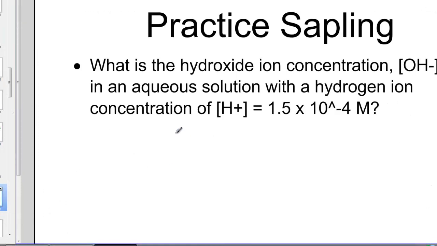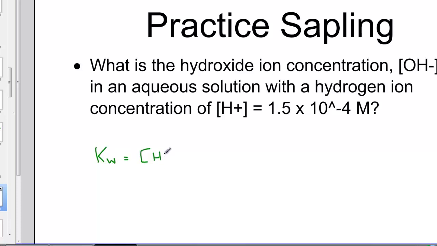Let's take a peek at what a practice sample question might look like. What is the hydroxide ion concentration in an aqueous solution where the acid concentration is 1.5 times 10 to the negative 4th? Here's what we know about that relationship.